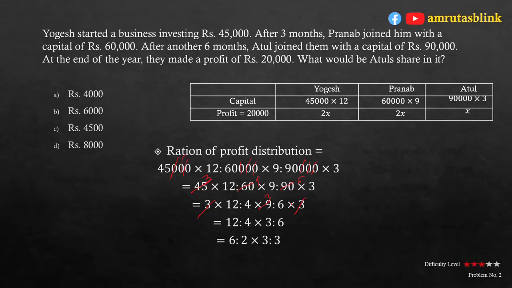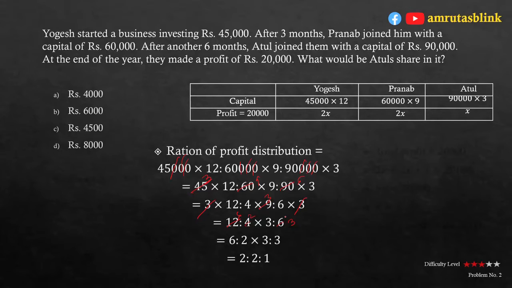Again we will divide the complete expression by 2. So, we have 6, then 4 and then 3. So, 6 as to 2 into 3 as to 3, that is 2 as to 2 as to 1. So, the ratio of the profit distribution is 2 as to 2 as to 1.